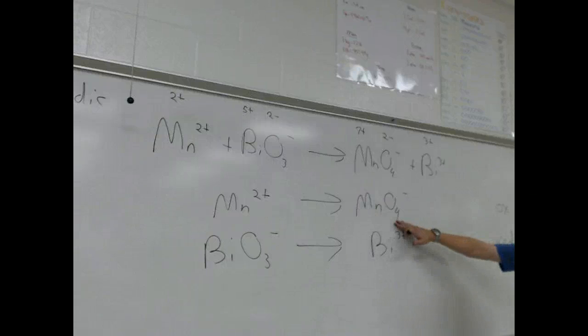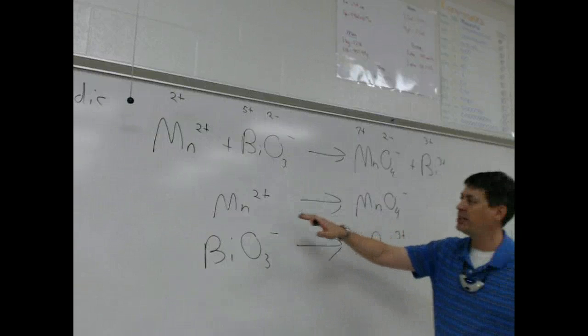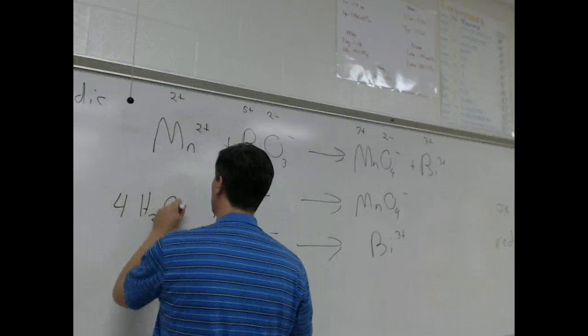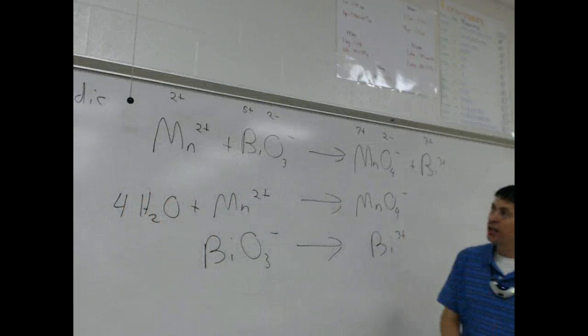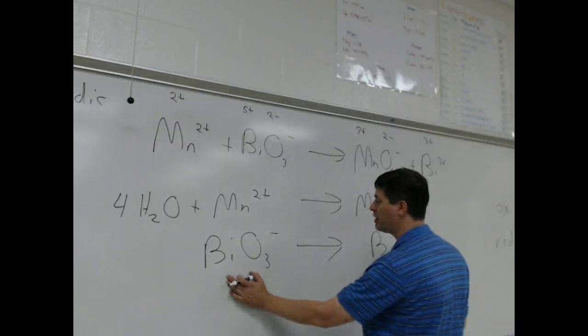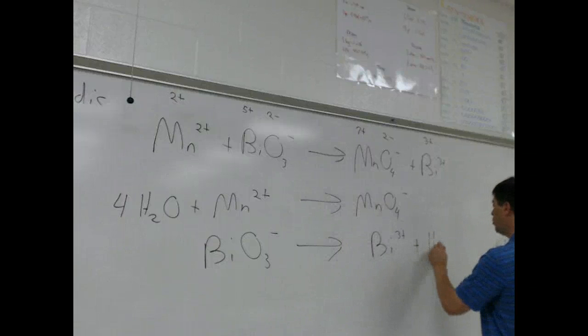I've got 4 oxygens on this side, so I need to add 4 waters over here. We are in aqueous acidic solution, no problem, we've got water. We've got 3 oxygens on this side, so I'm going to add 3 waters.